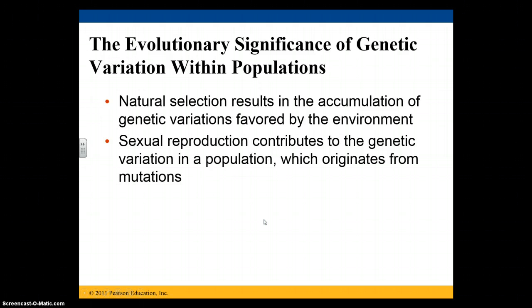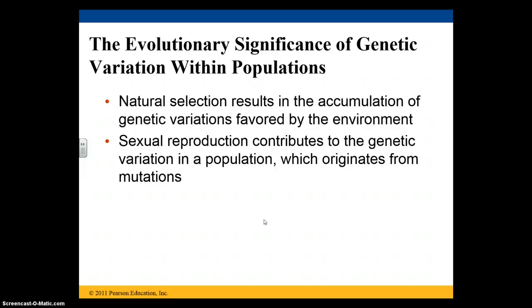Of course, genetic variation is going to have evolutionary significance within a population because natural selection is going to act upon the genetic variations, and it's going to favor variations that persist best in a given environment.